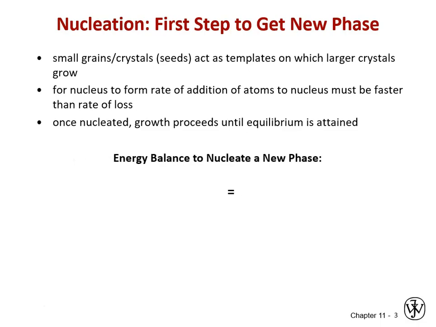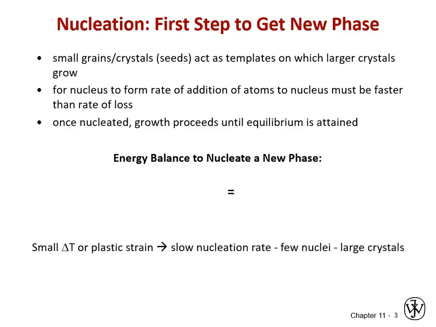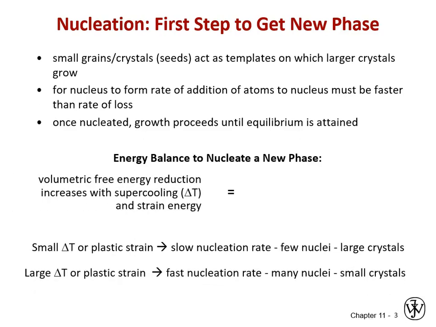So we can look at the rate of growth of the nuclei, and it's an energy balance first. Here's the energy balance to nucleate a new phase and keep it growing. Adding all of these up, on the growth side, we have a volumetric energy reduction, which increases with an increase in the variable that's driving the phase change. If we're trying to precipitate something from a liquid, we would be looking at undercooling below the precipitation temperature.